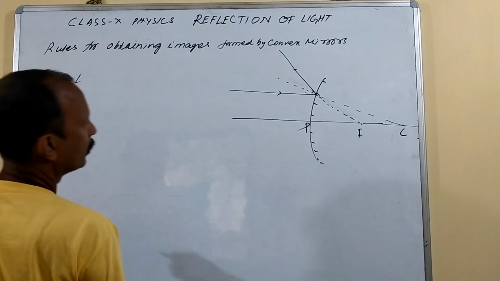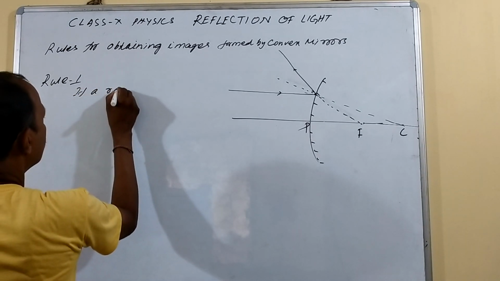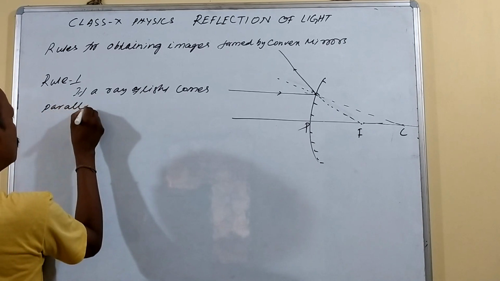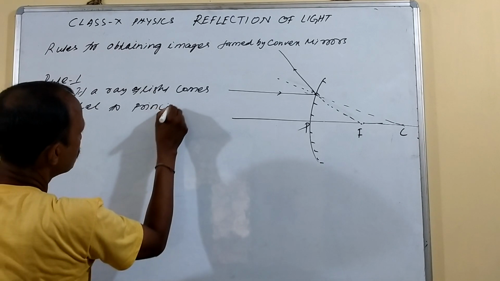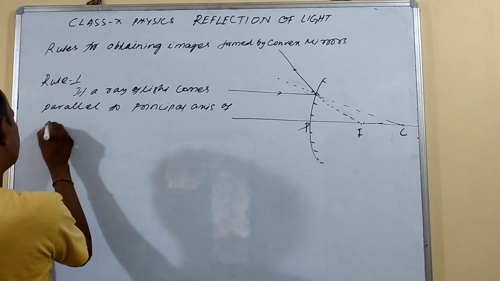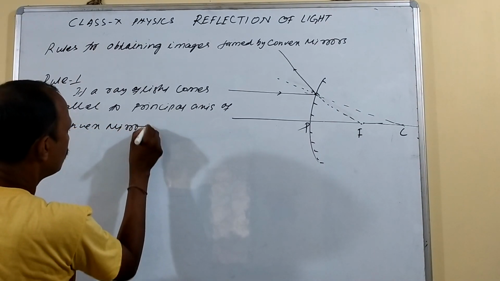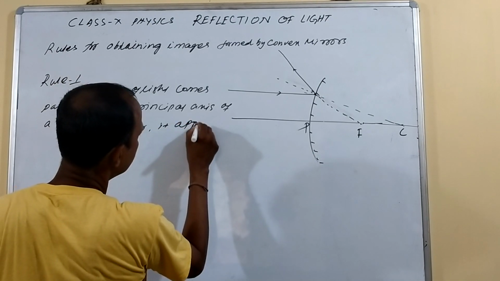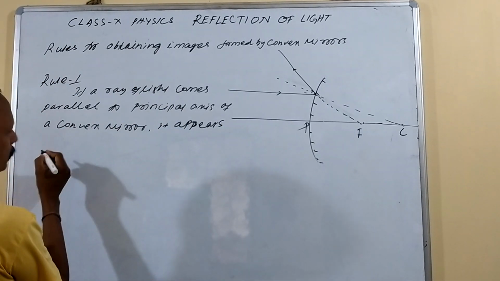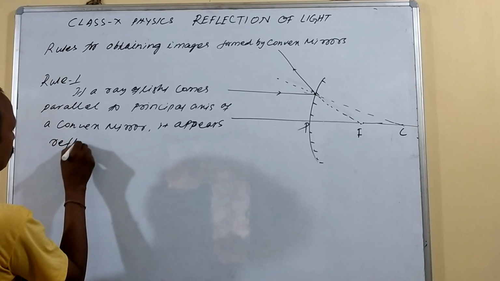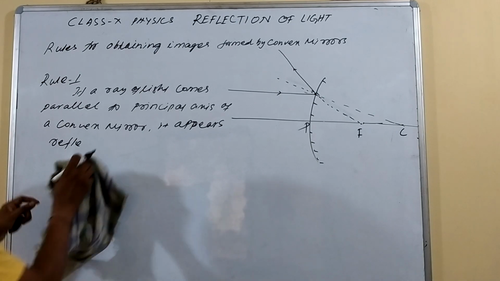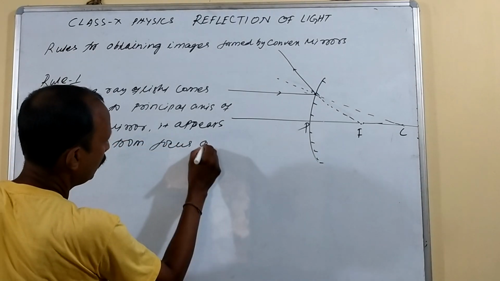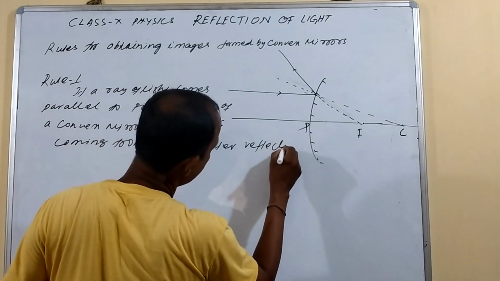So the first rule is that if a ray of light comes parallel to the principal axis of a convex mirror, it appears to be coming from the focus after reflection.